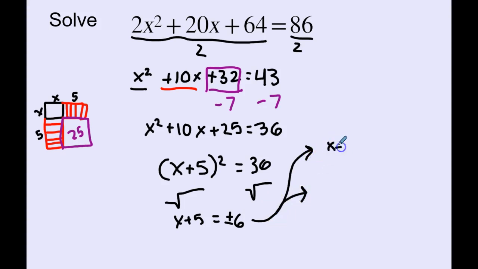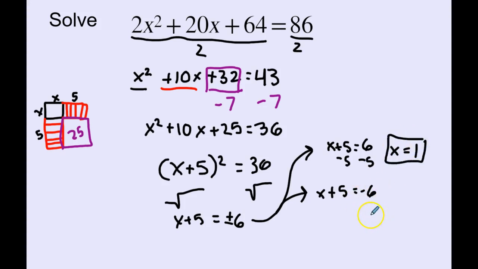We get x plus 5 equals 6, and we get x plus 5 equals negative 6. So we'll just finish solving. Subtract 5 from both sides, and we get x equals 1. And we'll subtract 5 from both sides, and we get x equals negative 11.